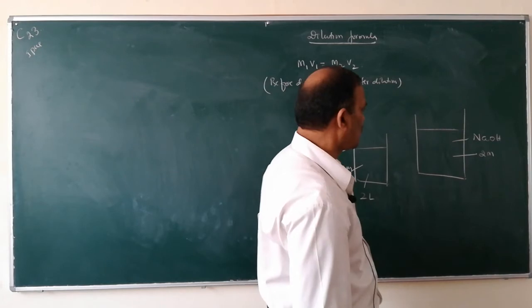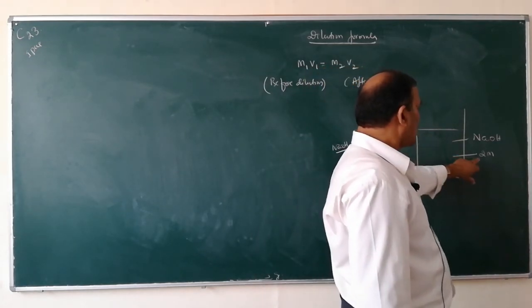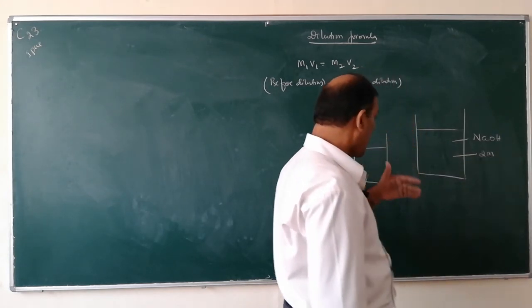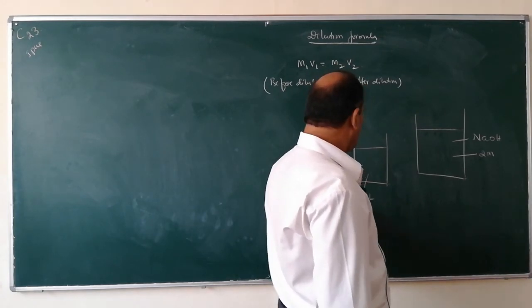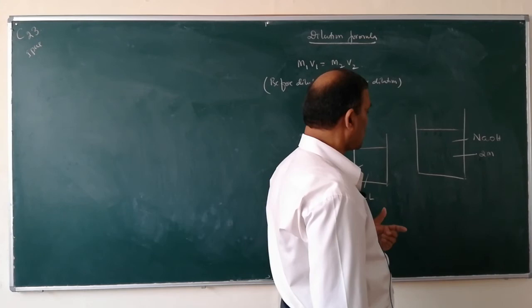So what is the solution here? We have a concentrated solution whose concentration is 2 molar. From this solution I want 2 liters of 0.1 molar sodium hydroxide solution.